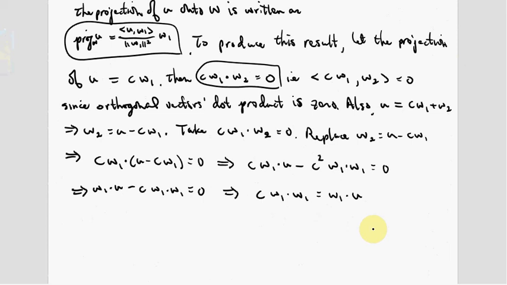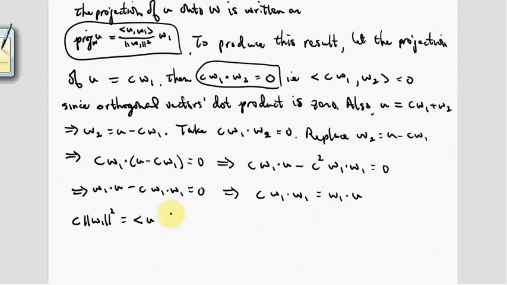Okay, the inner product of a vector with itself is the same thing as the norm of the vector squared. So here, this is C times the norm of W sub 1 squared is equal to the inner product of U. Remember that the inner product is commutative.